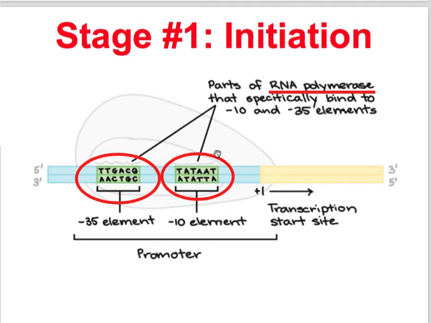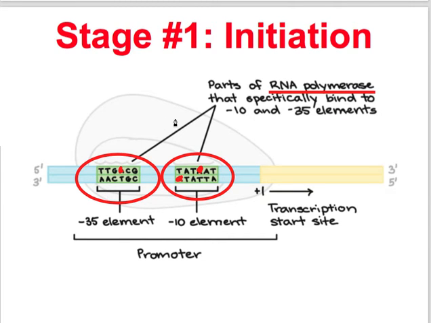The RNA polymerase will not be able to bind if these sequences are not here, and the amount of RNA polymerase that will bind and transcribe genes can change if you start changing these sequences. For example, if you lose some of these nucleotides, the amount of binding may lessen. It may get higher, though. It's going to depend on the changes you make and how this enzyme reacts to binding.